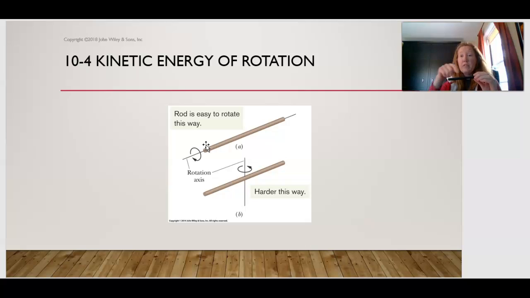If though you pick a different axis of rotation and you rotate it along this axis, that takes more effort to do this than to do this. So we're going to be talking more about that. Sometimes the exam has some calculus that you could use to calculate these rotational inertias, but they also will sometimes give you the formulas, and that's what the next section is going to be about.